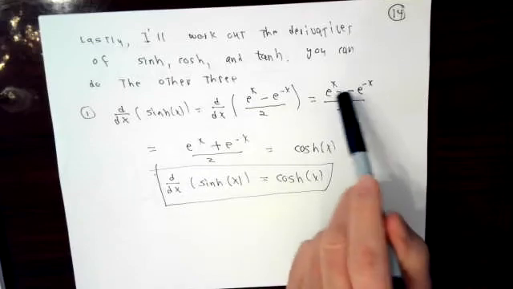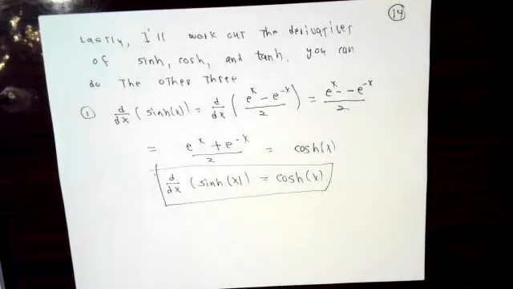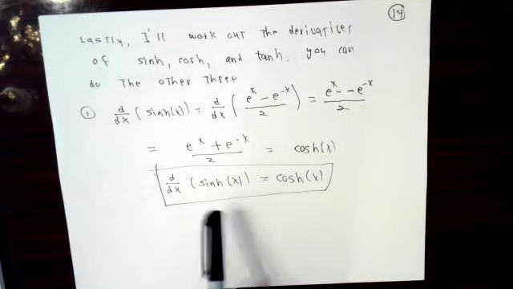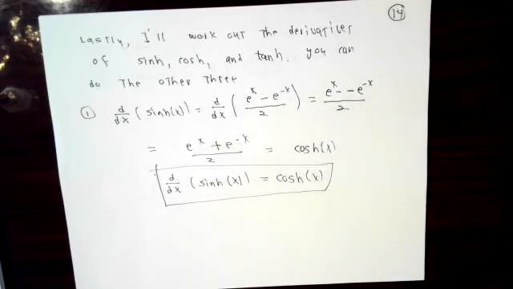That would be minus e to the x plus e to the minus x over 2. So the derivative of the hyperbolic sine function is the hyperbolic cosine function, just as it is with ordinary trig functions.